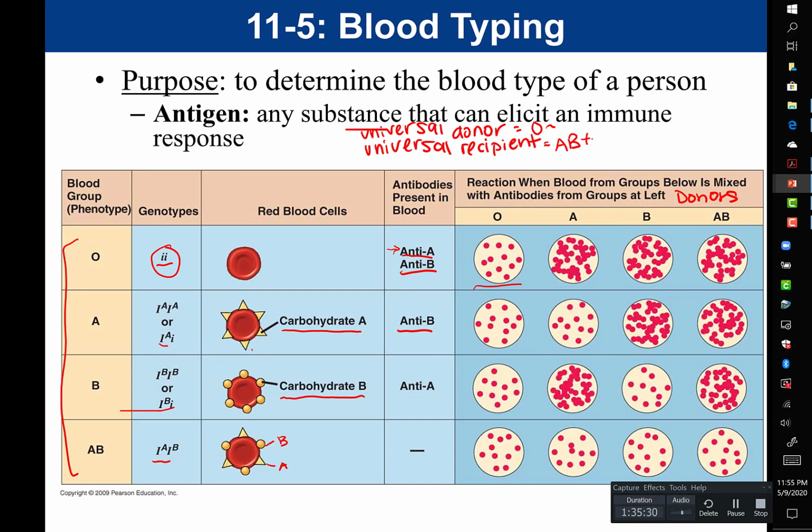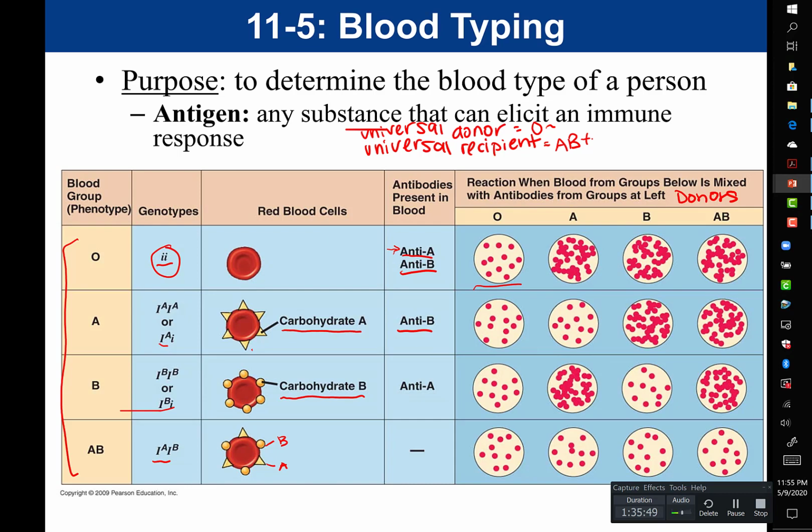Answer is no. What if the donor is, let's say, O positive? Can the O positive blood be given to A negative?